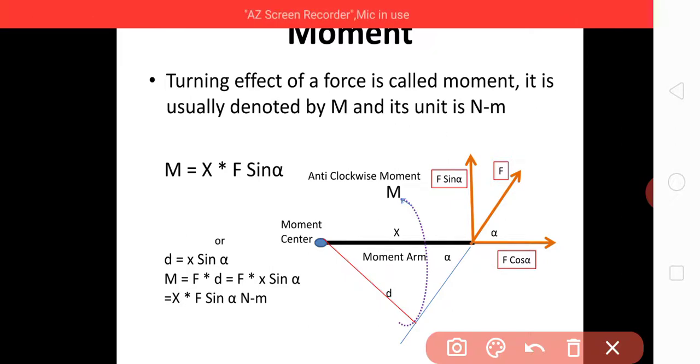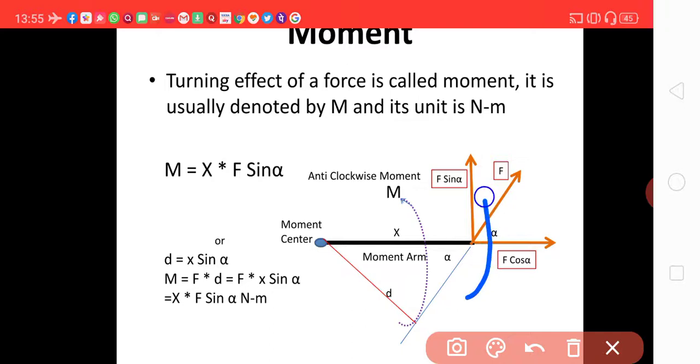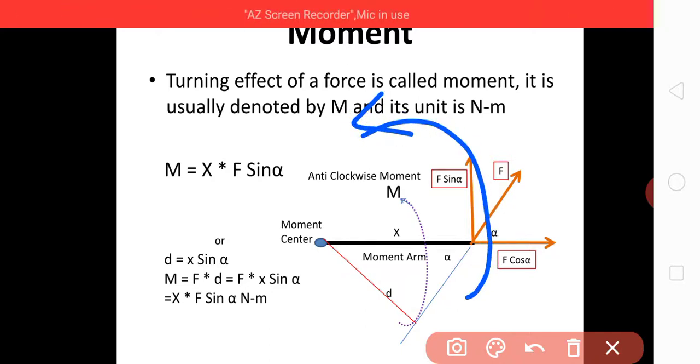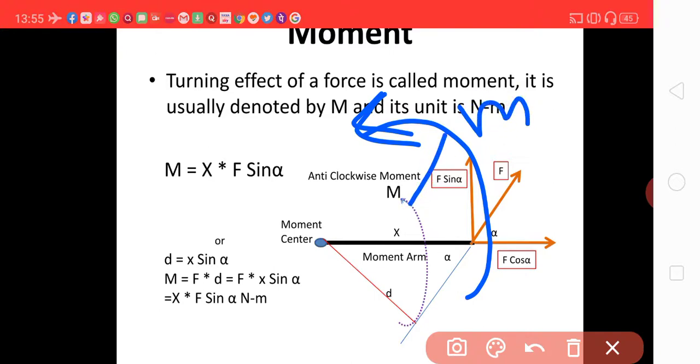This is the force. By definition, the turning effect. Turning effect means rotation in the counterclockwise direction due to this force. This is M, shown here like this. What it does, it gives the rotation to this arm.